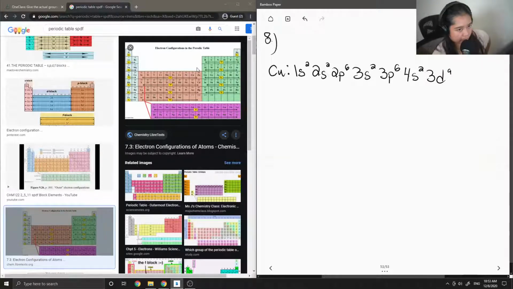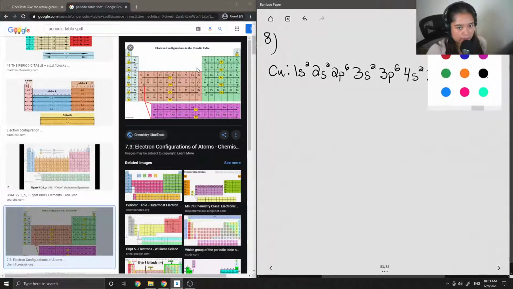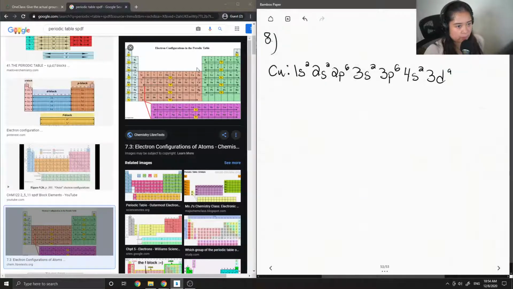So at this point, when you get to your electron configuration, it gets a little more complicated if it's a transition metal. You just need to think about which orbitals are more stable compared to other orbitals.